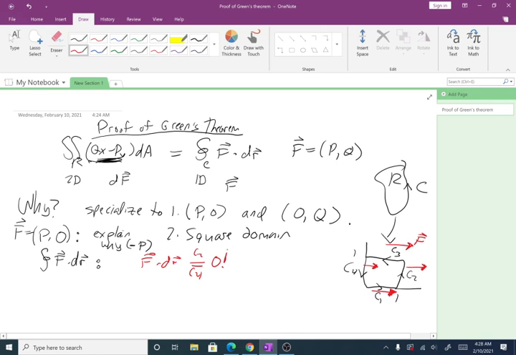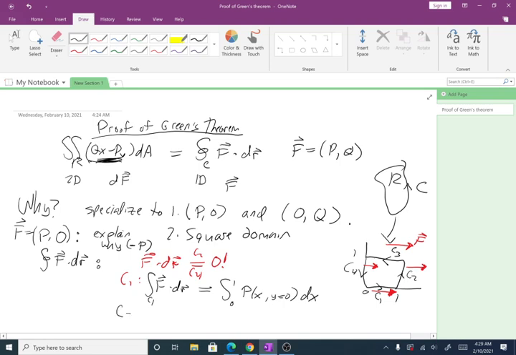So all we need to do is consider the C1 and C3 cases. So the C1 case will have our integral of F dot dr. It'll be an integral from 0 to 1 of P of x and y equals 0 dx. Right, we're on the y equals 0 x-axis.